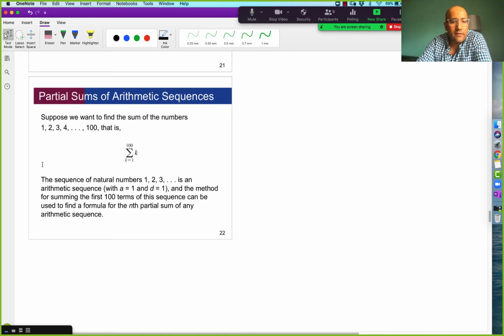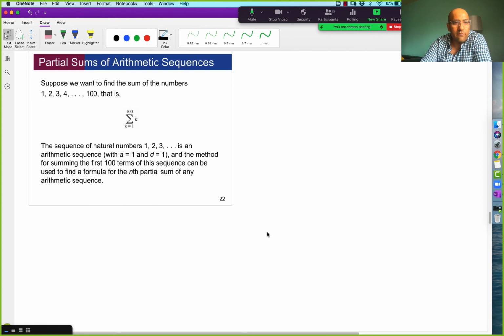He was a brilliant guy. His teacher thought this was going to be a really tedious, long task, and little brilliant Gauss figured it out in no time, and became famous. So how did he do it? What's a nice shortcut for finding the sum of the first 100 numbers?